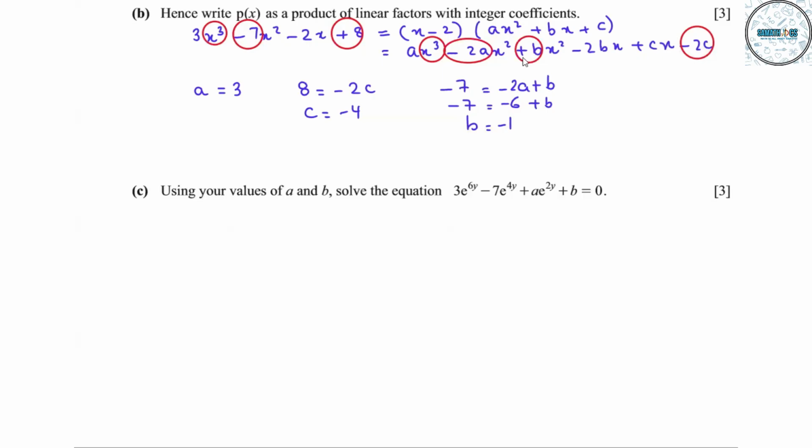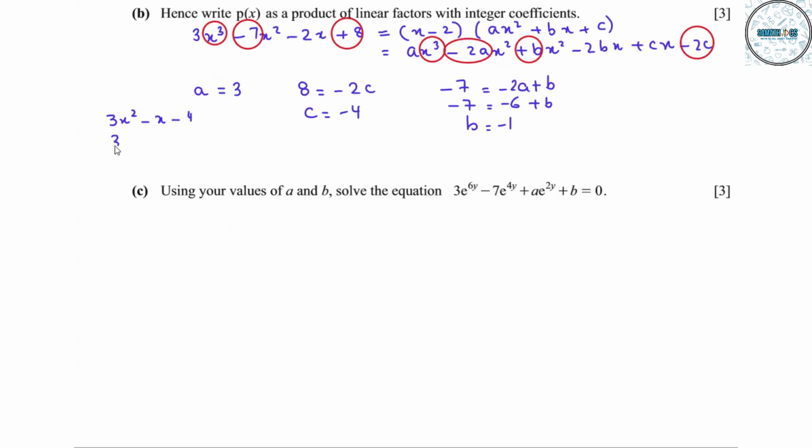Now we can substitute these values in this quadratic expression, which is ax squared plus bx plus c. So when we substitute in this, we will get 3x squared minus x minus 4. We can do middle term breaking.